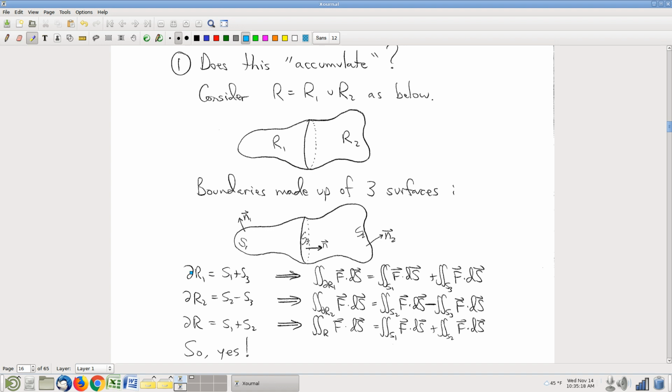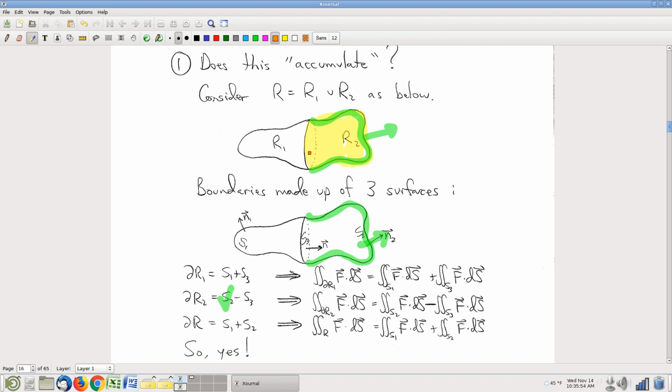Now, for these other regions, let's talk about R2, for this region. Well, part of the boundary of R2 is that, which is S2, right? Oriented in the same way that S2 is oriented, because outward from R2 points that way. But wait a second, now be careful with this next one.